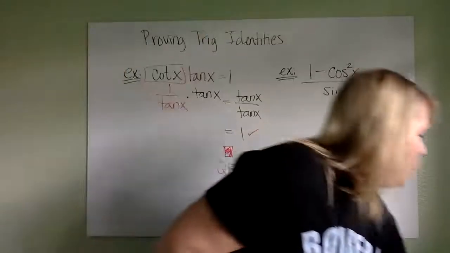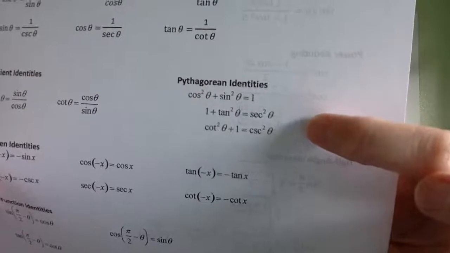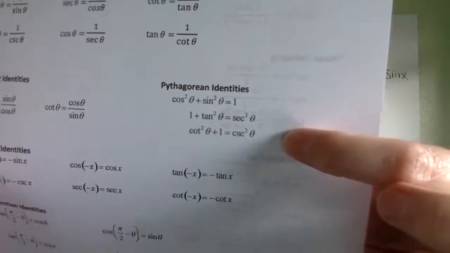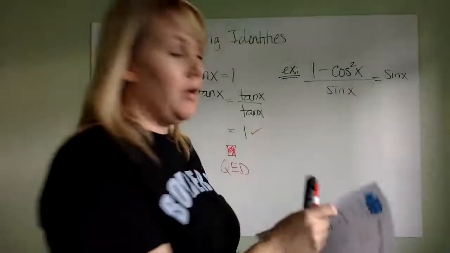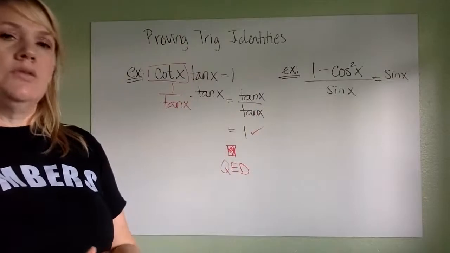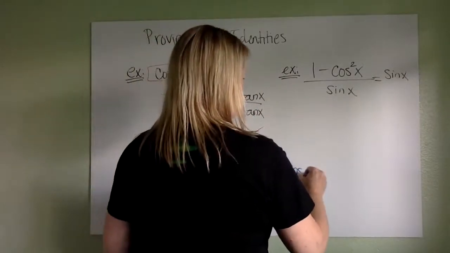If you look at them, they look like this. Cosine squared plus sine squared equals 1. 1 plus tangent squared equals secant squared. Cotangent squared plus 1 equals cosecant squared.